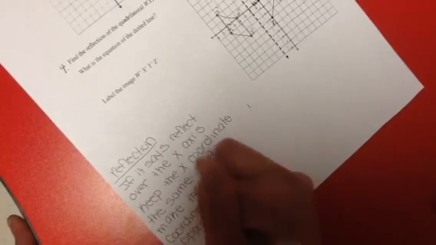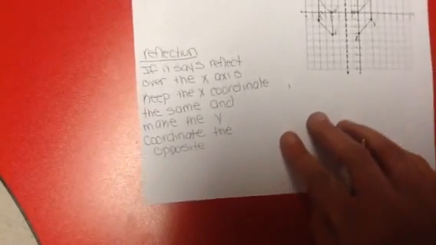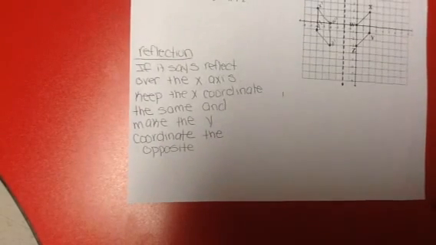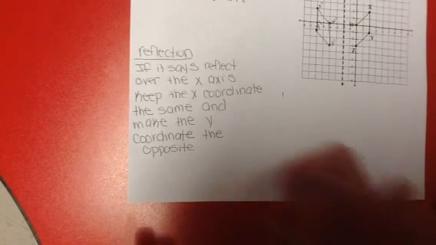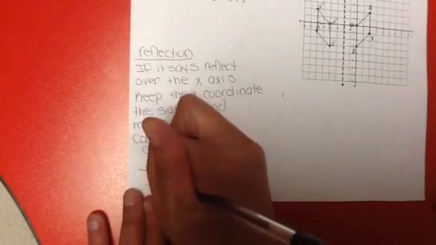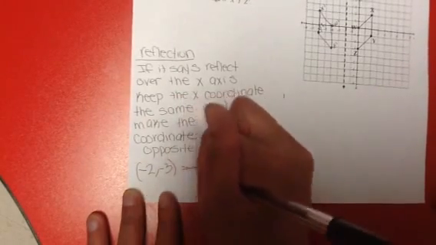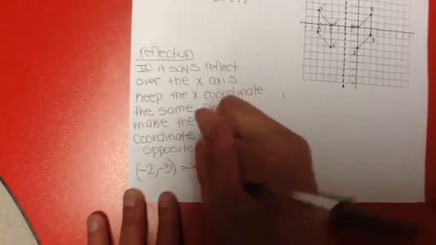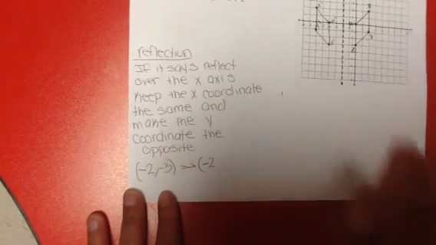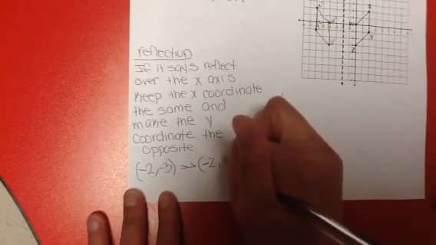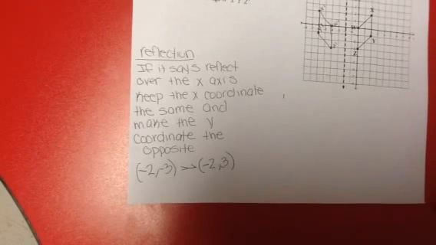Just like we've been doing in the first one, if it says reflect across the x-axis, we keep the x-coordinate the same and make the y opposite. So if I had something that says -2, -3, I would keep my x the same, which is -2, and the opposite of -3 is +3. So I would make the y the opposite.